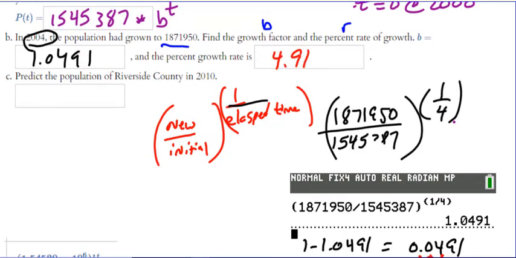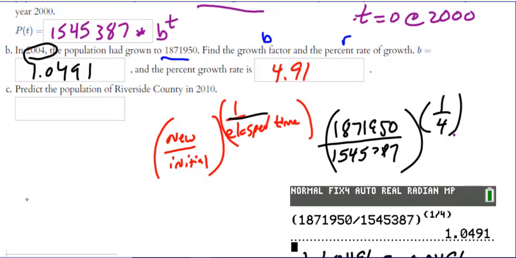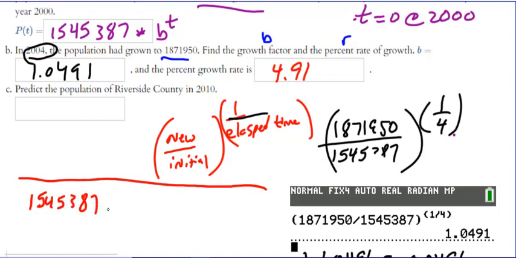And then predicted in 2010, and that 2010 is 10 years from there, right? So what I have is 1545387 times 1.0491 raised to the 10th power. Okay, so I got that set up.